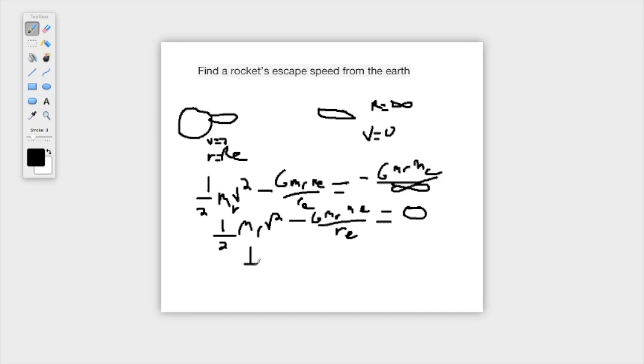So 1/2 v squared equals G Me over Re, and then we can multiply by 2 on both sides, so we get v squared equals 2G Me over Re, and then v equals the square root of 2G Me over Re.